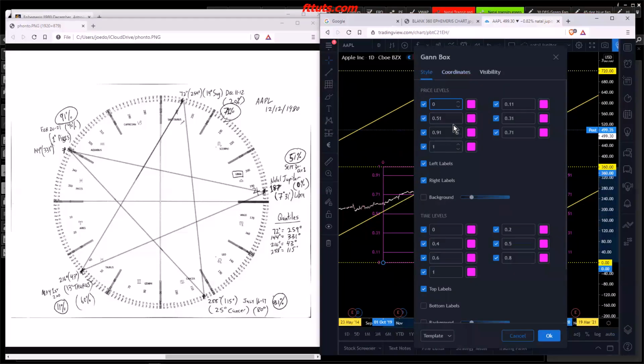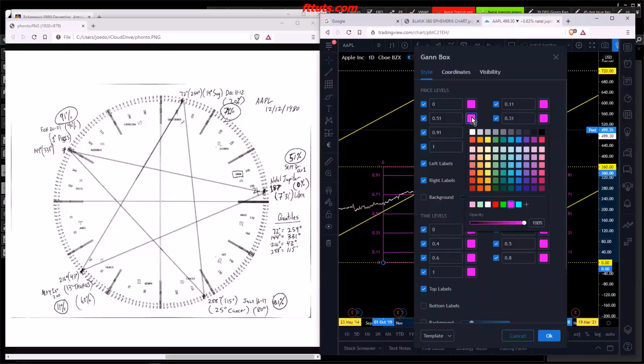Maybe I could make the actual position a different color, price. Anyways, I don't want to mess with it too much.